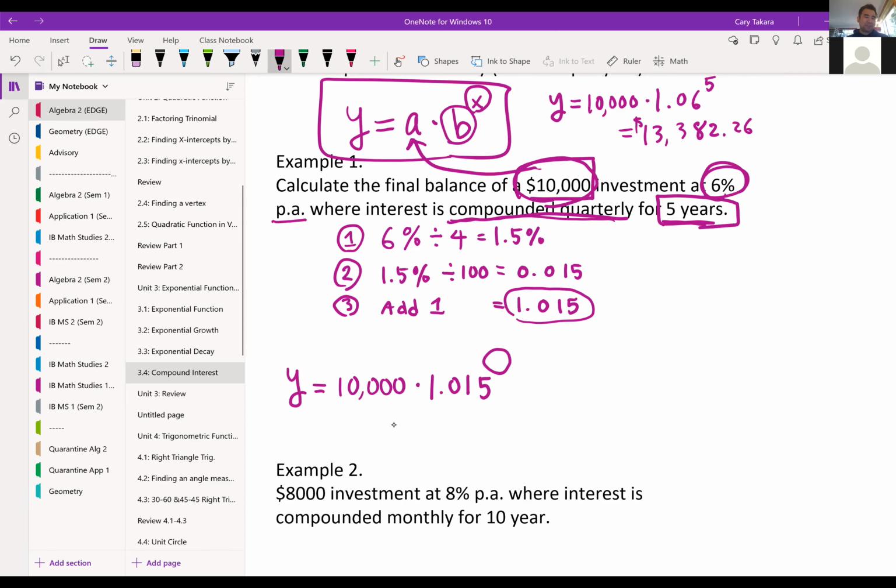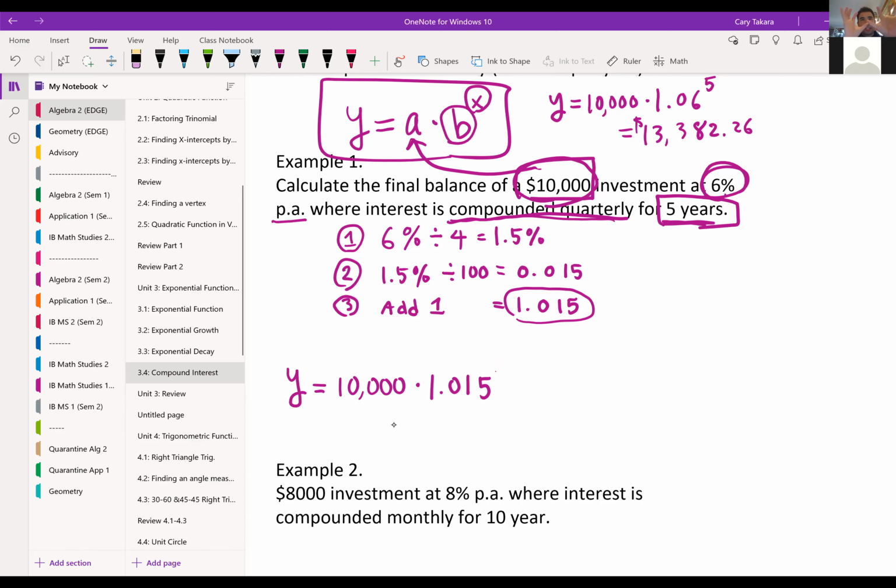Now, what do you think we need to put in that circle right here? Is it going to be 5? Very good. Now, how do you think Gentry got 20? Do you guys see that in the chat? Where did that 20 come from? Because now we are figuring out the interest by quarter, right? So you have to count how many quarter periods you've got for 5 years.